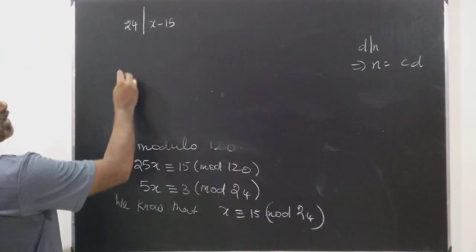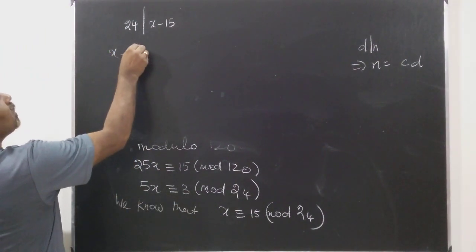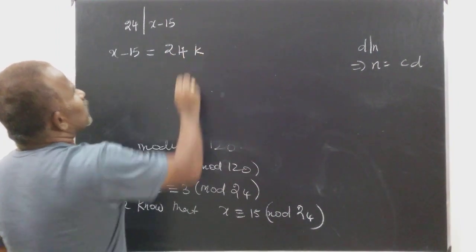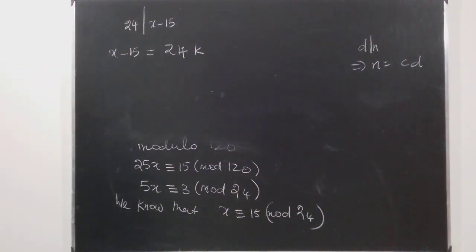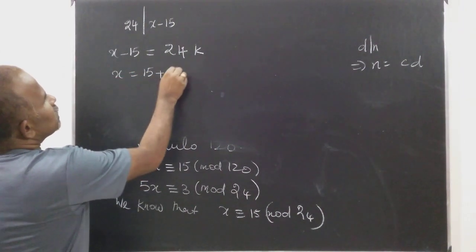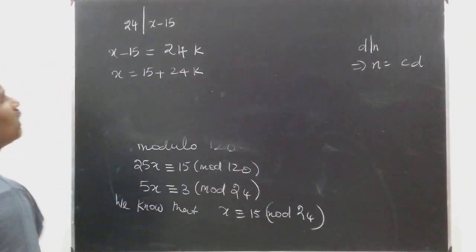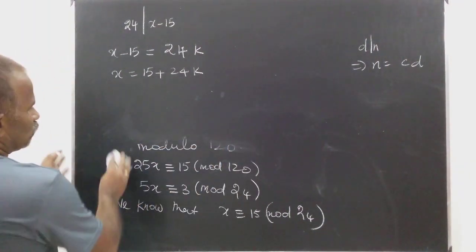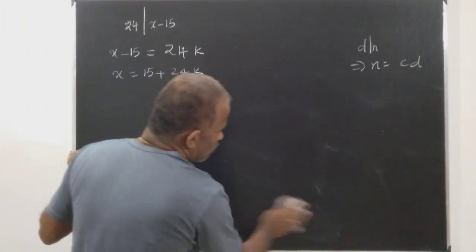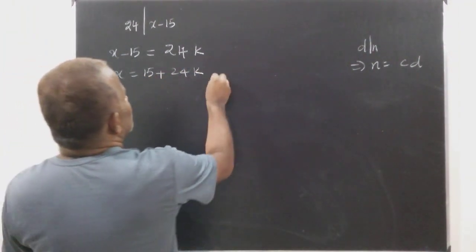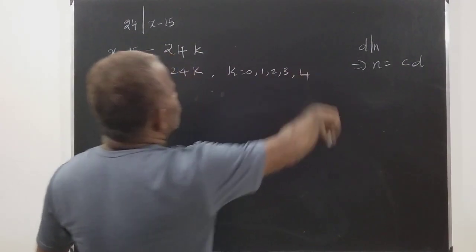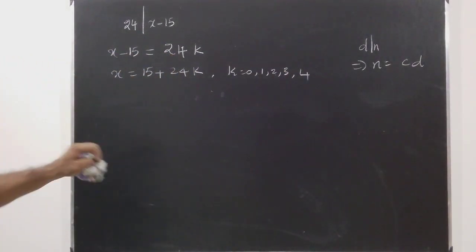So x minus 15 is equal to 24k, therefore x is equal to 15 plus 24k, where k is equal to 0, 1, 2, 3, 4, because we have totally 5 solutions.